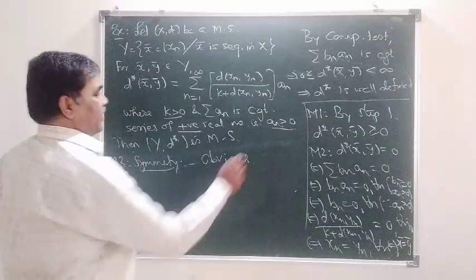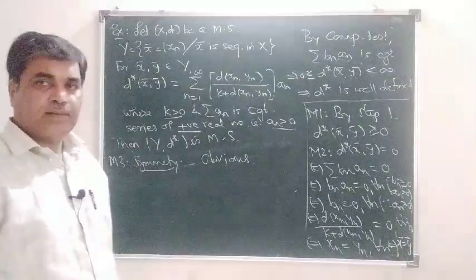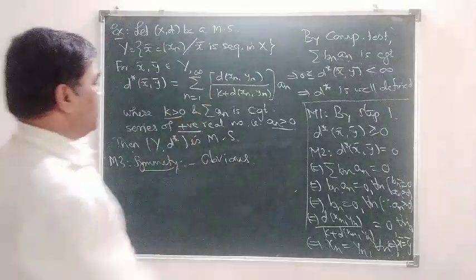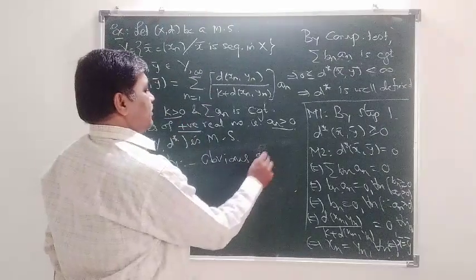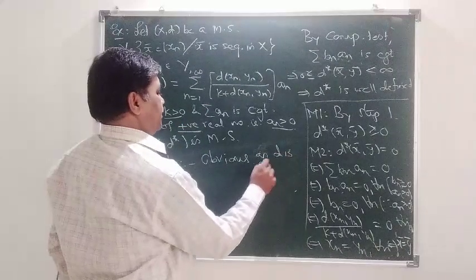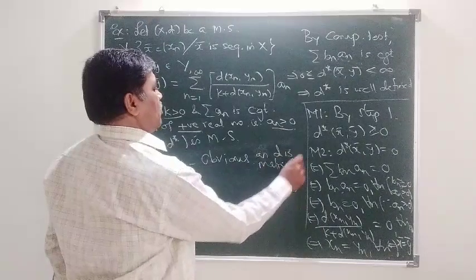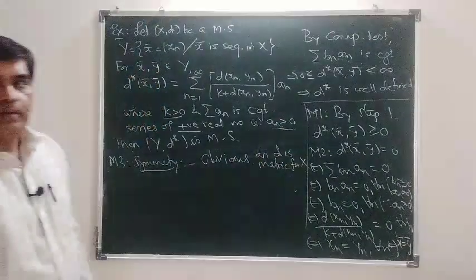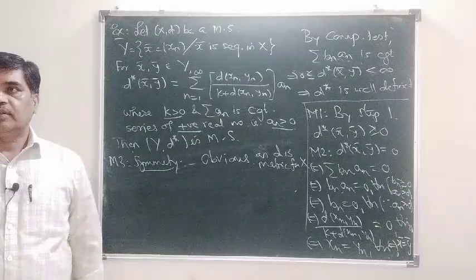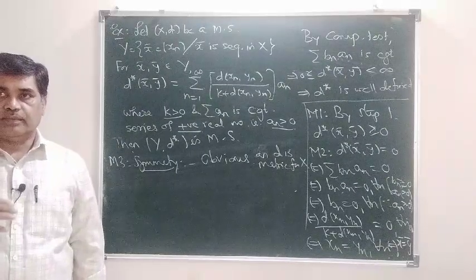So this is obvious, just by the property of d, obvious, as d is a metric for X.